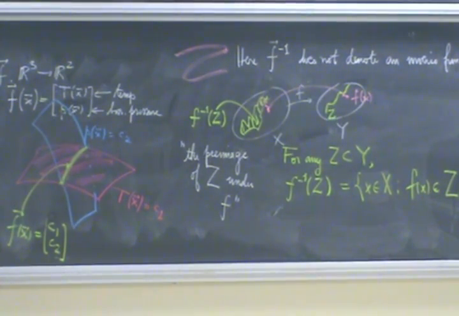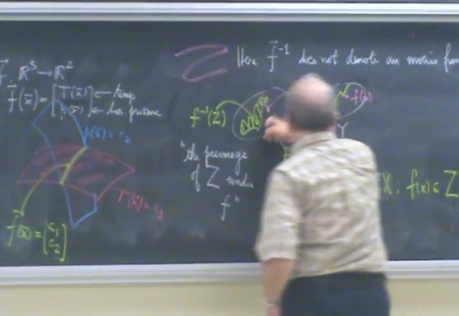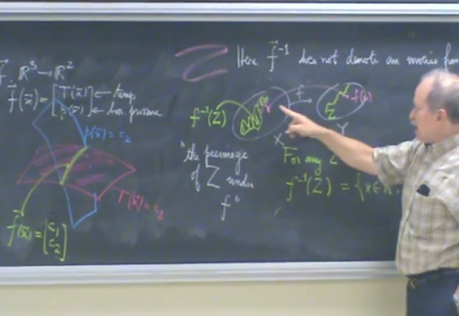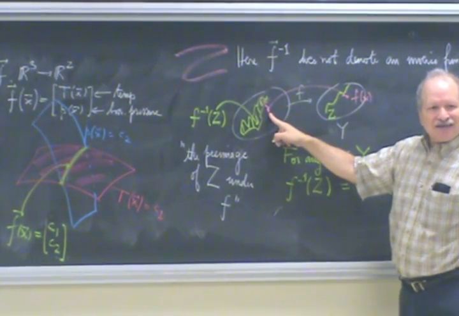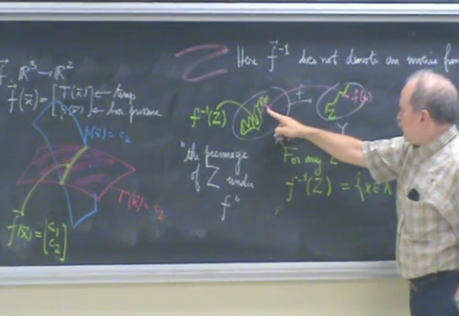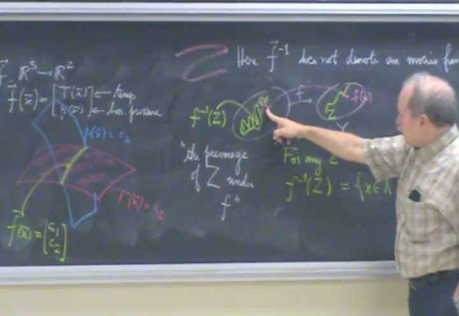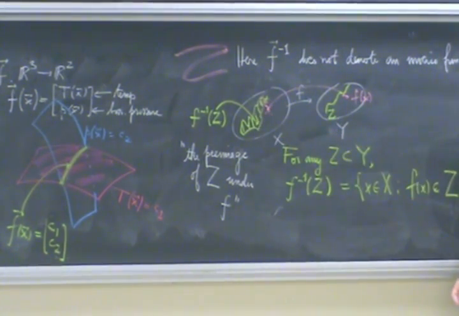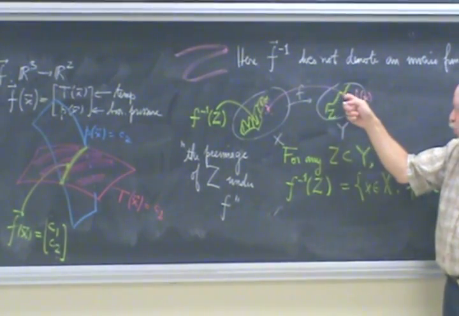So do you understand the language? If a function's mapping this way, you can think of f of x as the image of x. The value of f taken at the point x, you can think of as being the image of that point. And the pre-image is saying, what are all the x's that landed wherever?